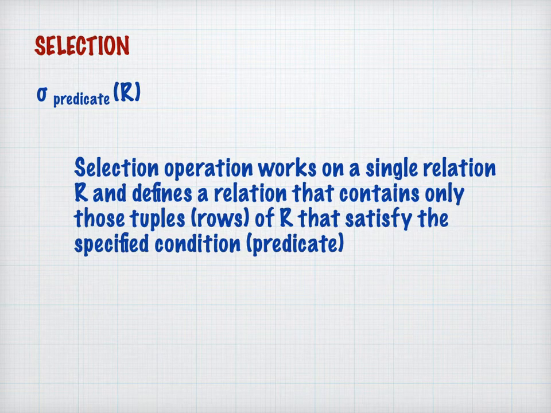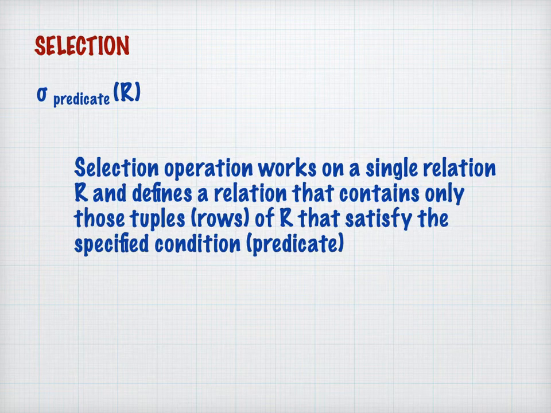And what it's suggesting here is that we will have a condition or a predicate, some kind of test that will run over our relation, and only rows, or tuples, that actually satisfy that condition, that predicate, will be returned. I think this is easier to explain with an actual example.